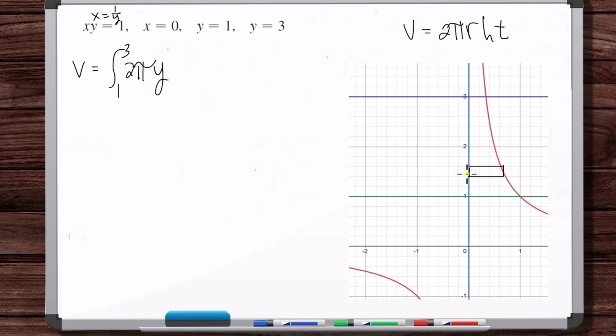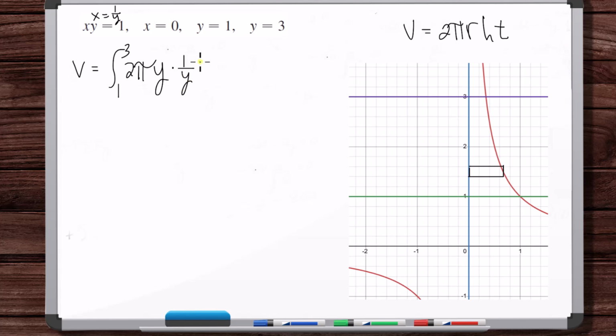So if we take this y and we say 1 divided by whatever this y value is, we take 1 divided by that, that's this distance. And that's what we're looking for, for the height. So we say 1 divided by y.